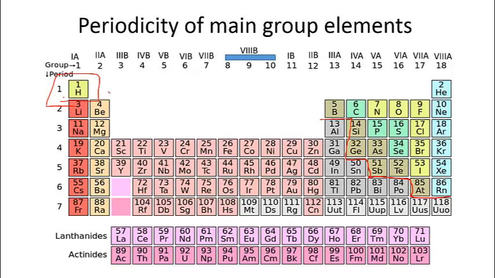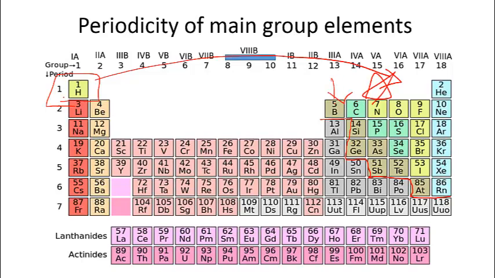Hydrogen is the first element on the periodic table and has its own unique properties, but the reality is it's a nonmetal, so it belongs over on this side of the periodic table. We place it above hydrogen just because of its electron configuration, but it does not react like a metal at all. Now, the nonmetals all lie to the right of that staircase.